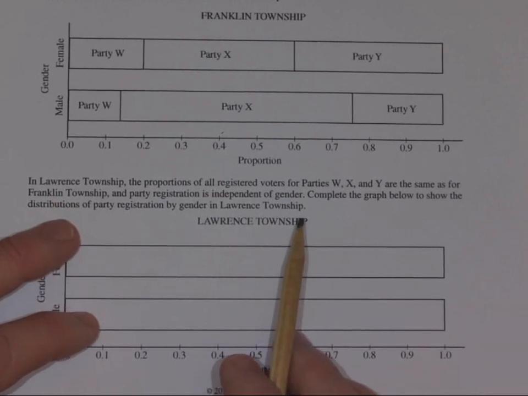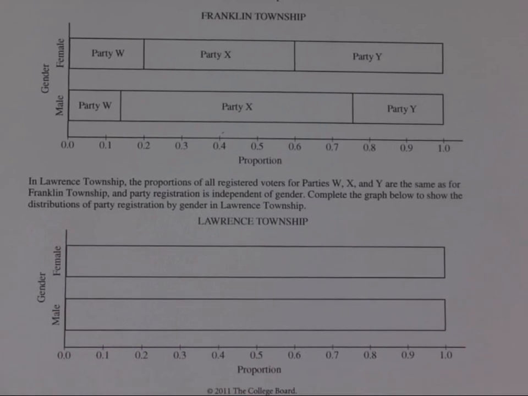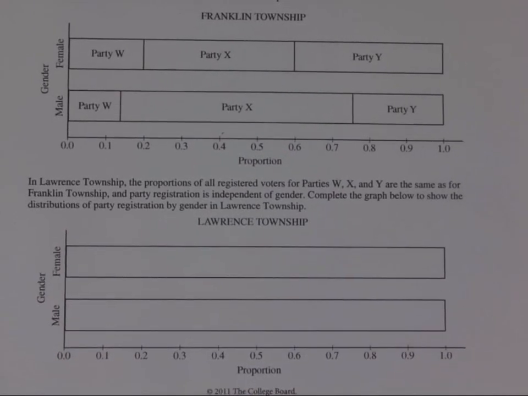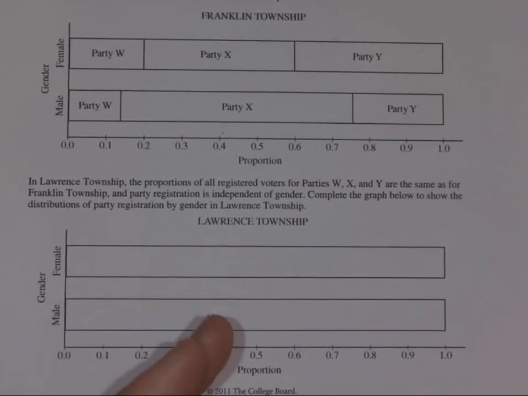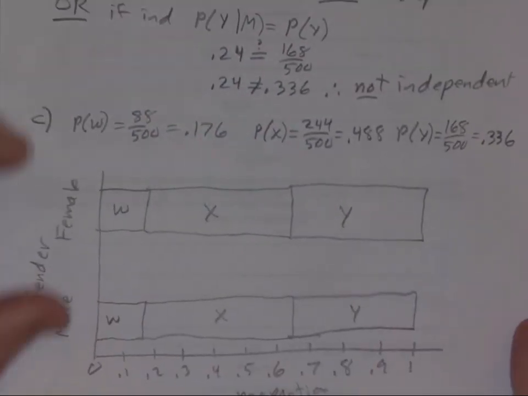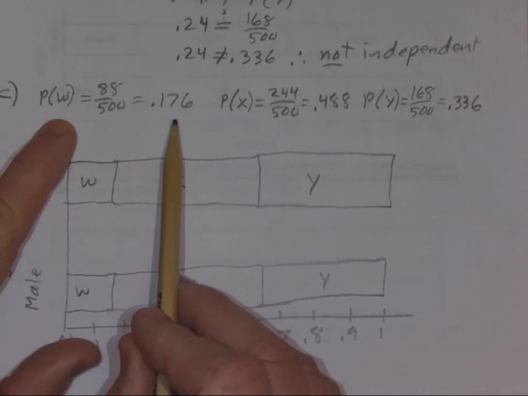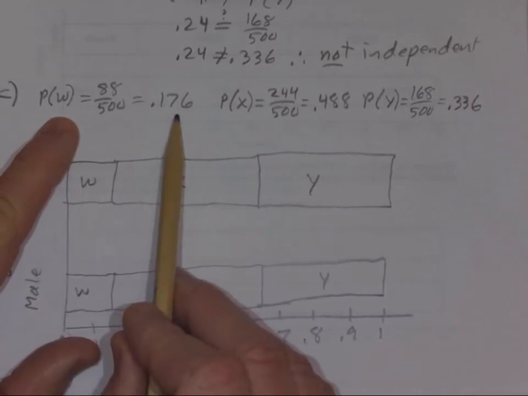But then it says the party registration is independent of gender. In other words, it doesn't matter which one you pick, male or female, they have the same proportions of party, same proportion of W, same proportion of X, same proportion of Y. And so what I did here was show the proportions are going to be the exact same as they were in Franklin Township.